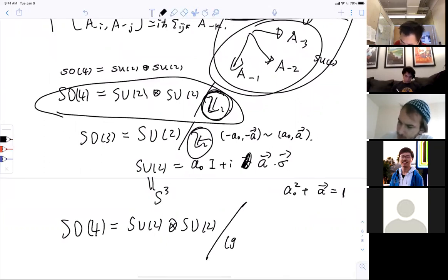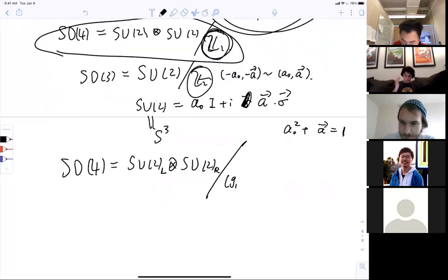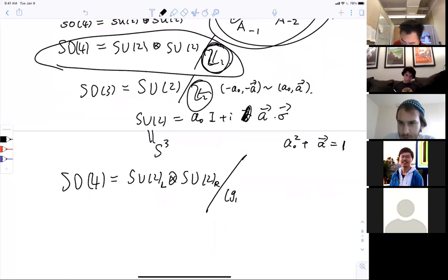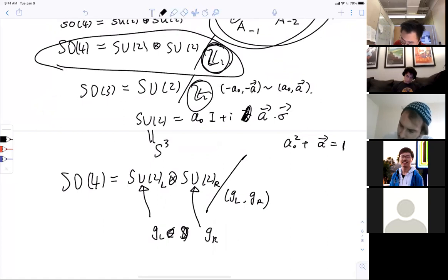Imagine this group, let's call it SU2 L and R. I just use a notation like this. g_L is an element in the first SU2, and g_R is an element in the second one, and you identify this pair.